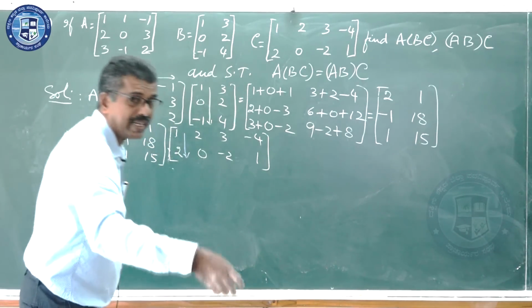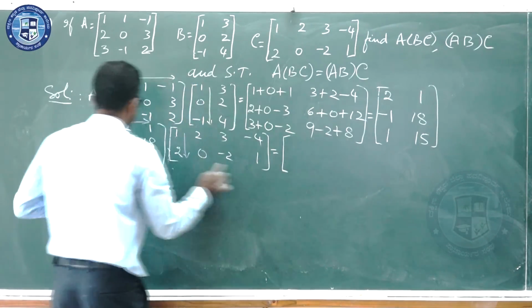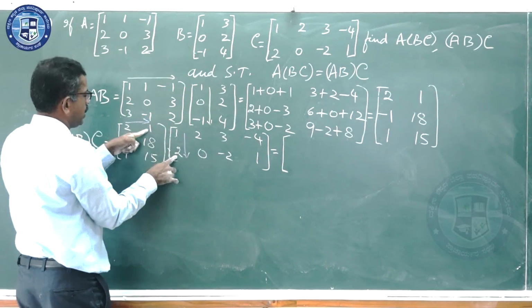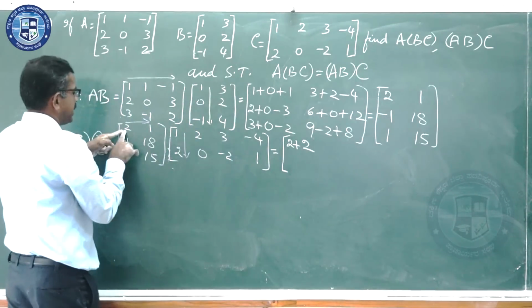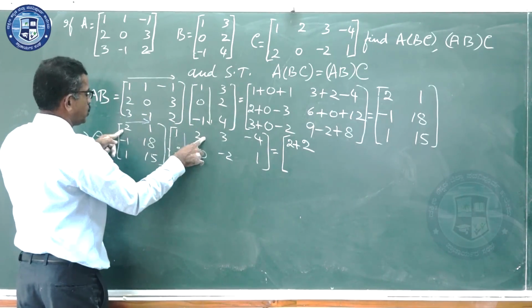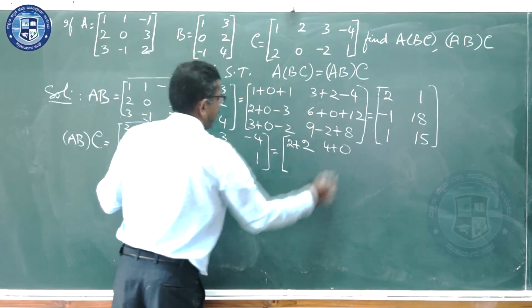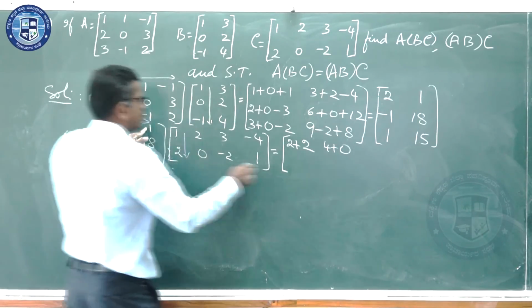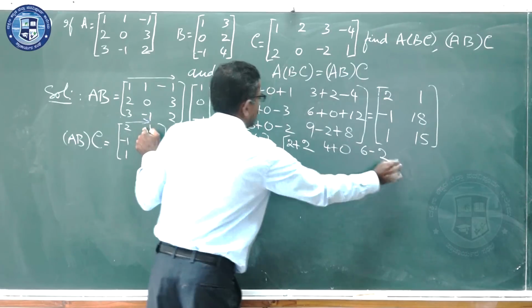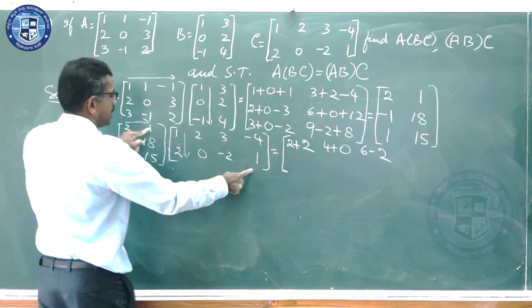As you are thorough with matrix multiplication now, 2 ones are 2 plus 2. Next, first row with the second column: 2 twos are 4, plus 0, it is 4. Next, we have 6 minus 2. First row with the fourth column: minus 8 plus 1.